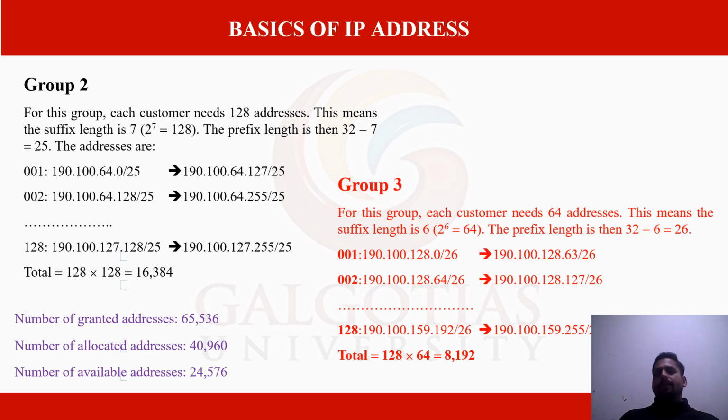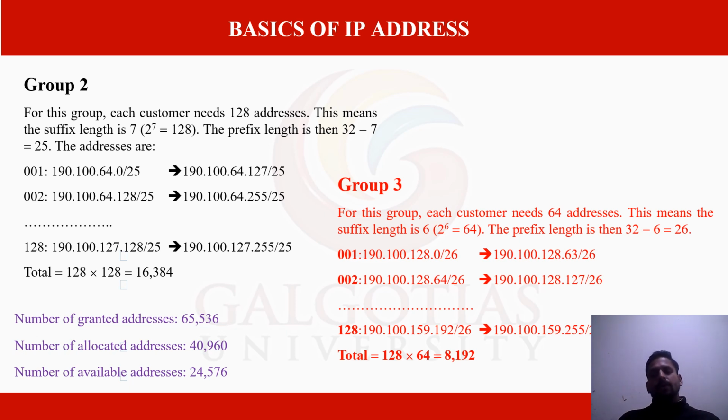The initial address is 190.100.128.0 and the slash notation is 26. Since it is 64, the ending address is 63 for the first customer, and for the second customer it will start with 64 and end with 127.